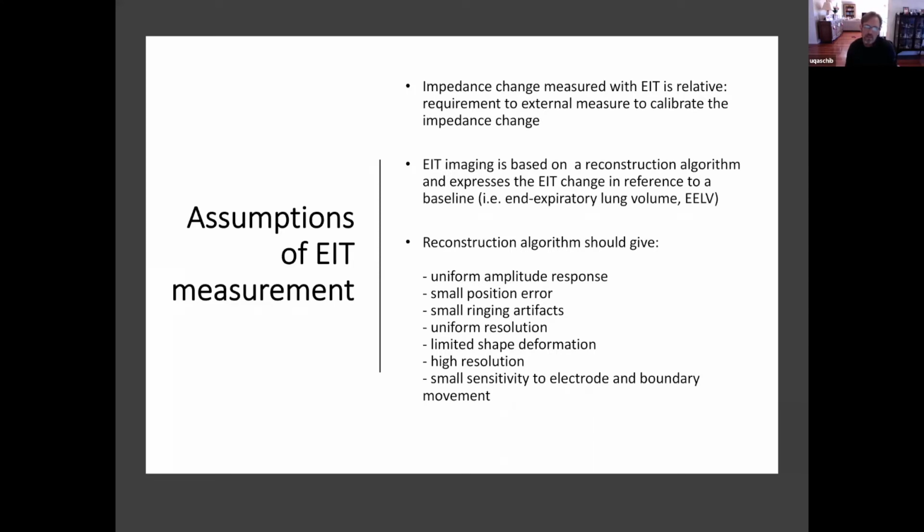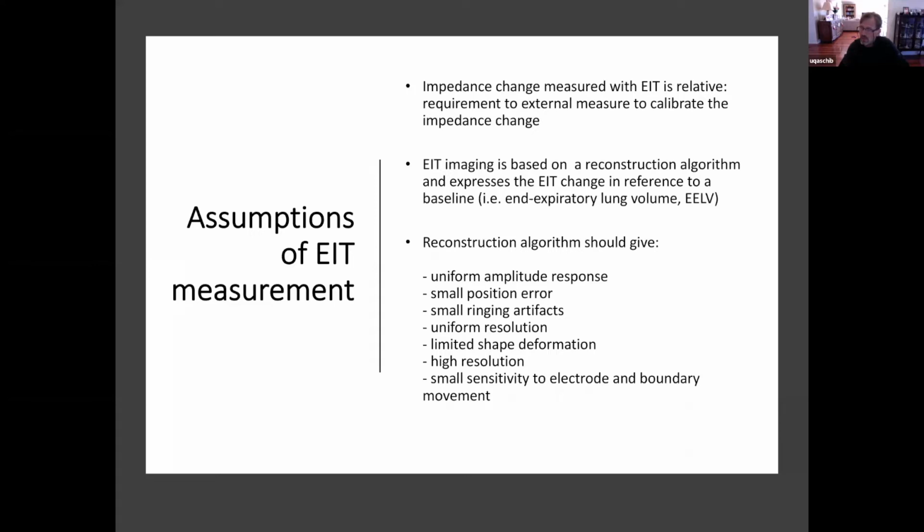There's a lot of assumptions as well and rules around it. We need a uniform amplitude response. As I explained before with the CT scan, we need to make sure that we measure the same position. There's a lot of artifacts in the signal, or artifacts can occur. We look at shape deformation as well.